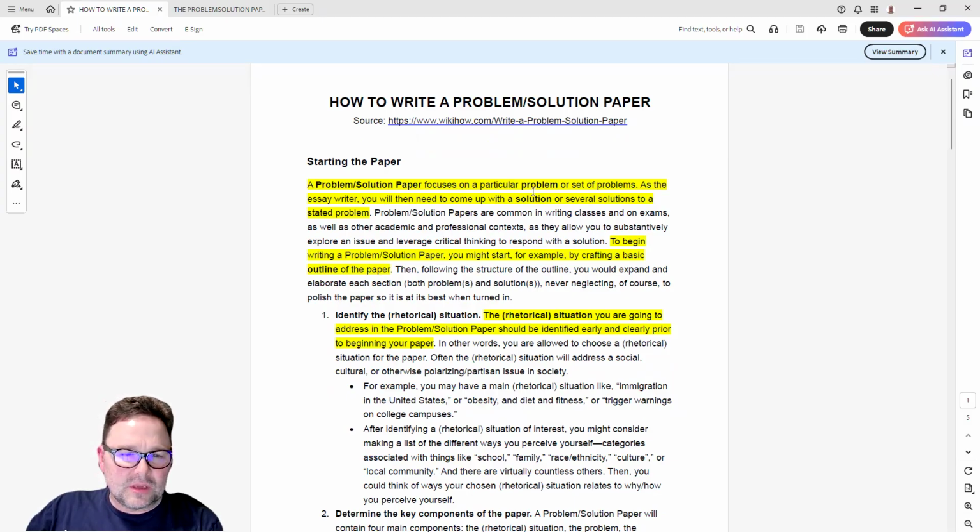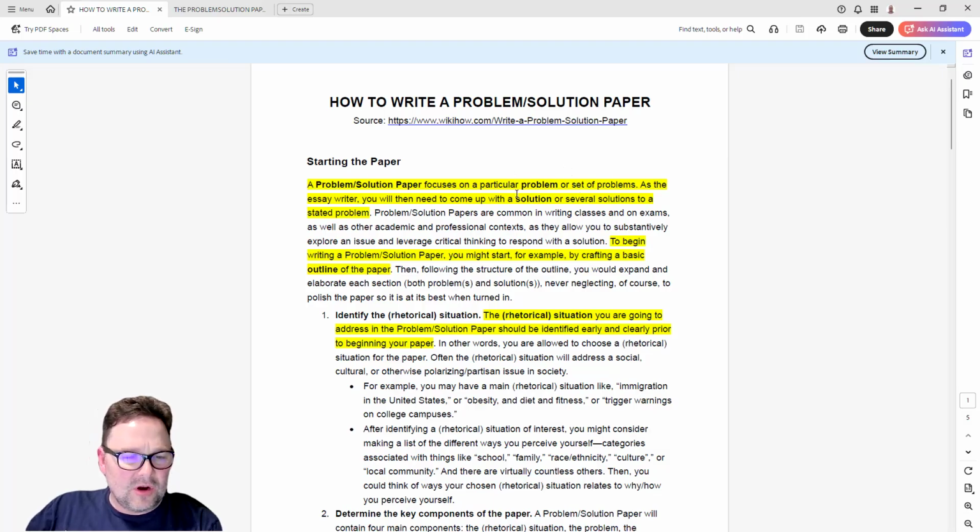Just in terms of the scope of this assignment, you might be better off just focusing on a single problem. If you feel like you want to write about a set of problems, plural, talk to me about it, and we'll see what's going on with that.